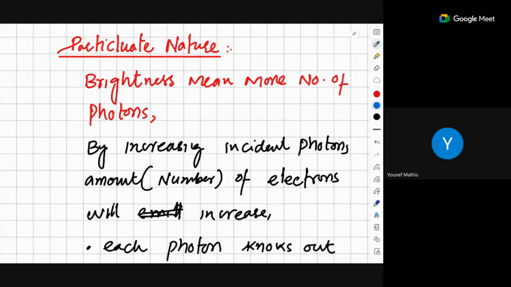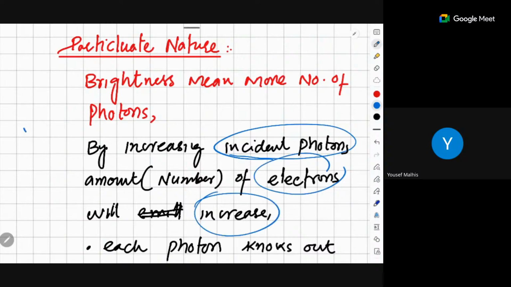It means more raindrops are there. Is it or not? The raindrops are more. So when there are more raindrops, there is more intensity. So by increasing the incident photons, the number of electrons will be increased.